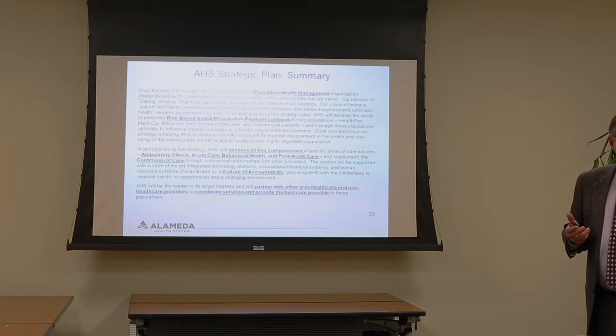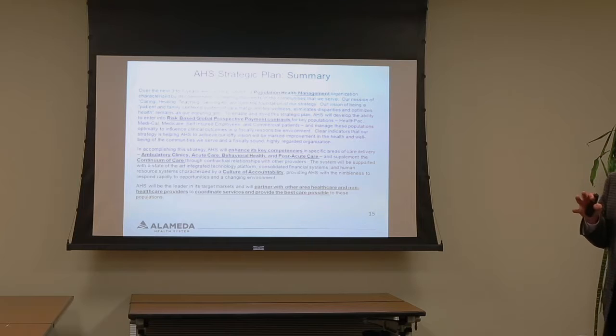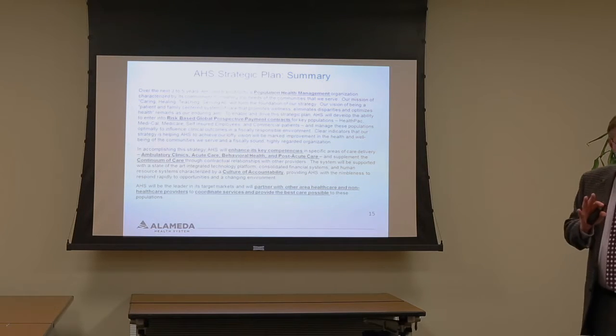Typically, we never stop doing anything that provides any amount of good to anybody in the community, regardless of whether it's cost-effective or not. It's just the nature of our organization. But we're going to focus on things like ambulatory care, acute, behavioral, and post-acute care. We're going to maintain this culture of accountability, and we are going to partner with other healthcare providers. Okay? So that's the basic strategy.